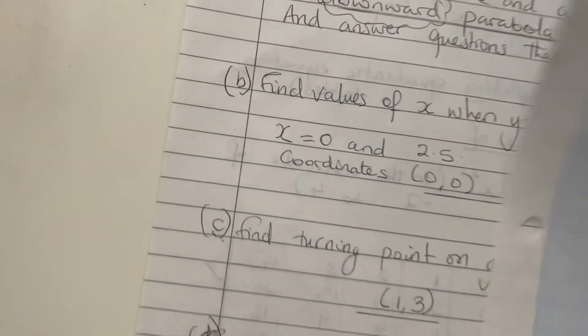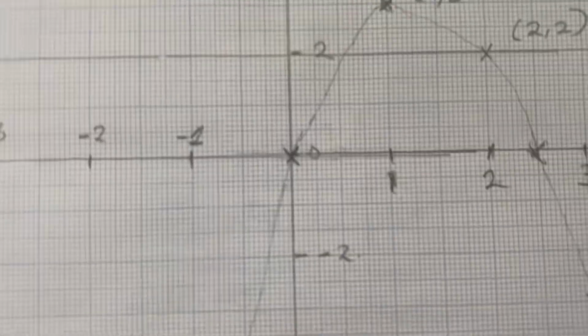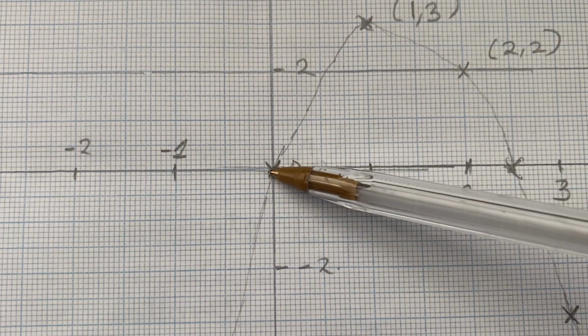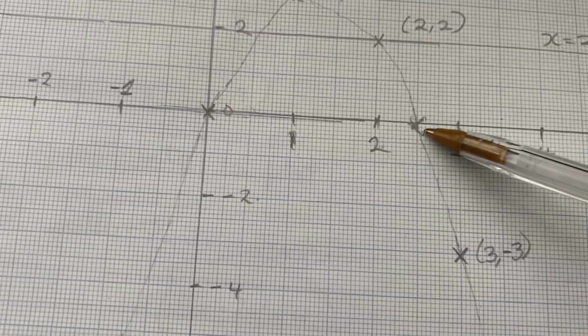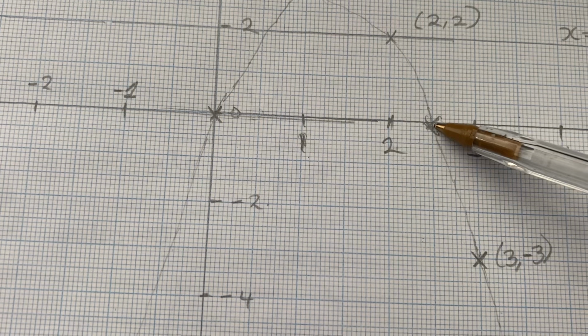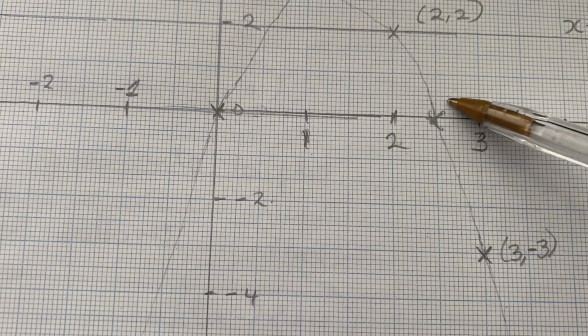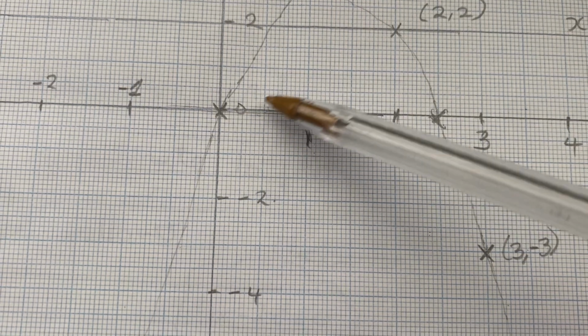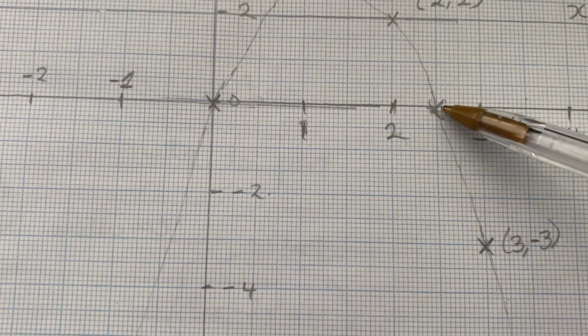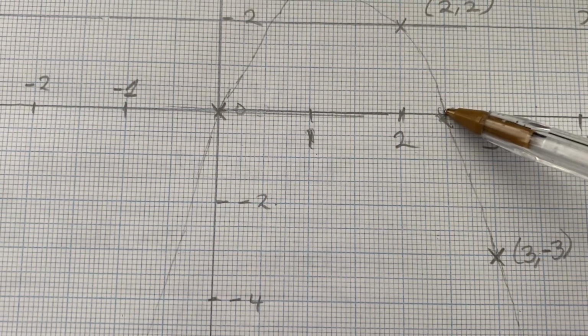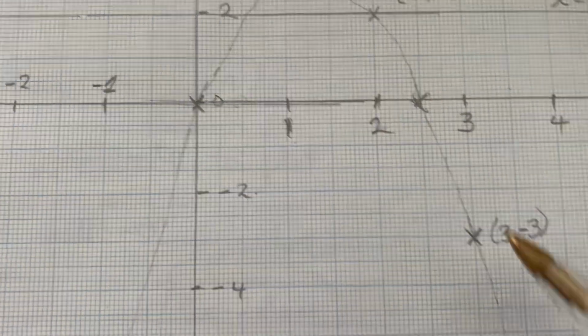If you look here, this is one value, 0, and this is the second value, 2.5. So it will be 0 and 2.5: (0, 0) and (2.5, 0).